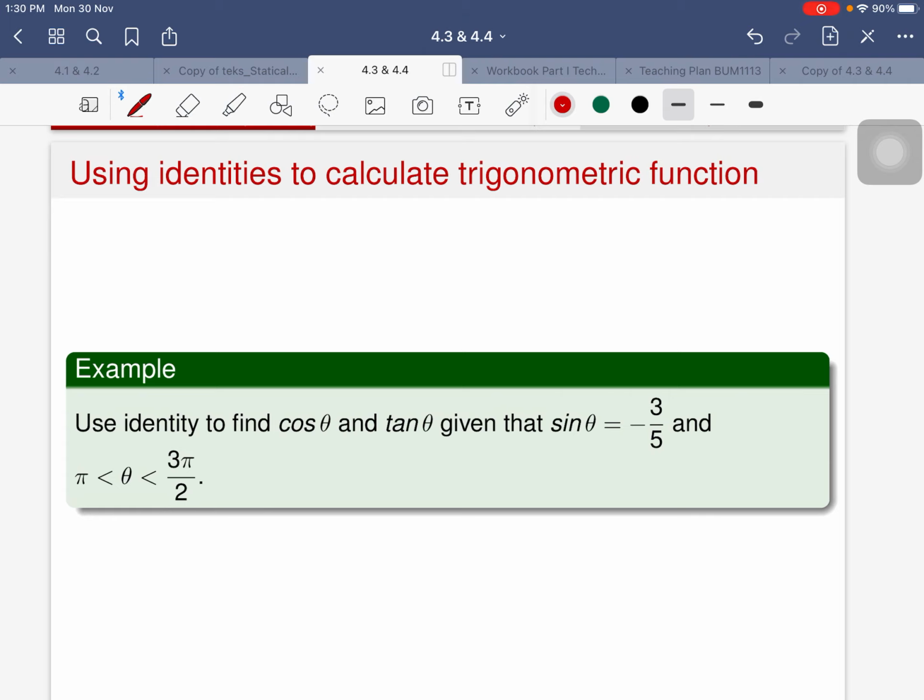Okay, since we have to use an identity, which identity are we referring to? We're referring to one of these, the identities that we saw at the beginning.